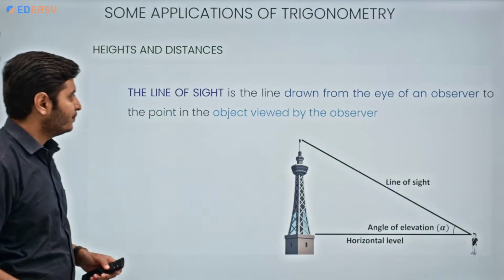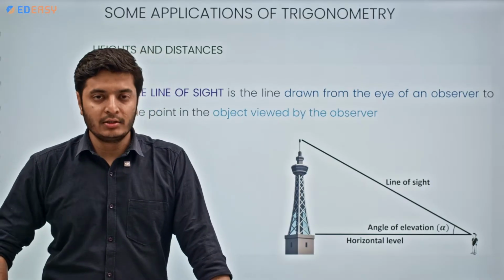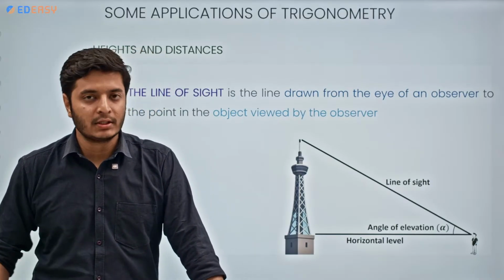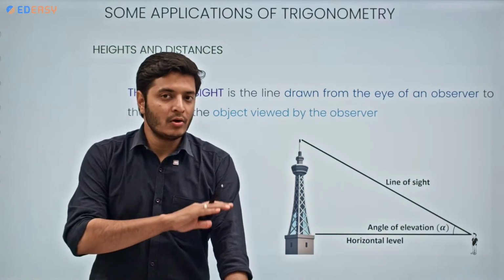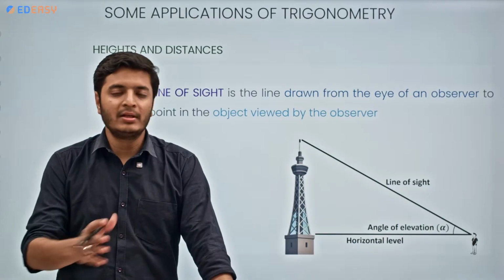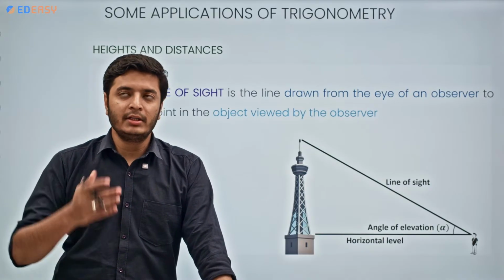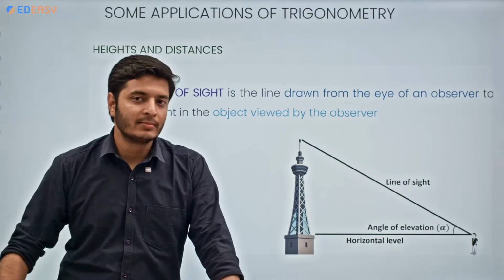Now, line of sight. Other than height and distance, we are going to use this term, line of sight, or even if we are not using it, it will still be there, maybe in a hidden way. Why? Because we are going to talk about the top of something, the bottom of something.